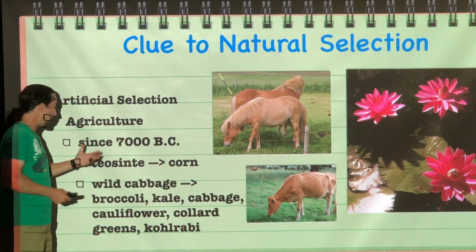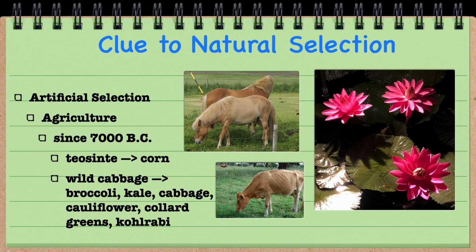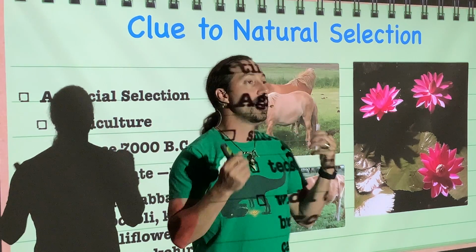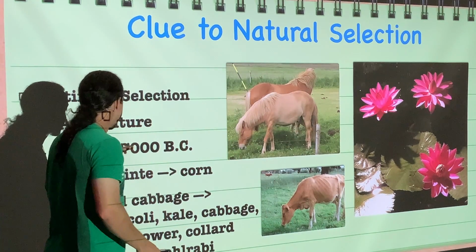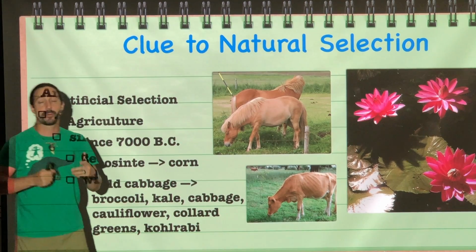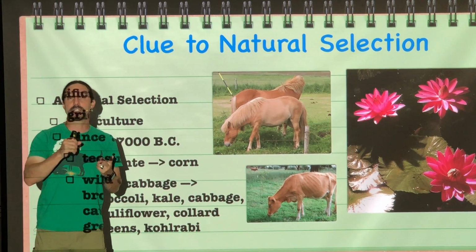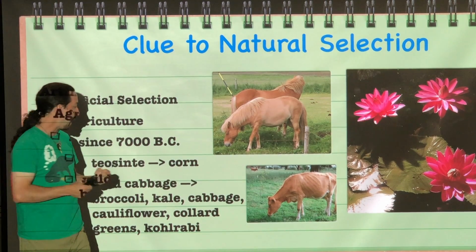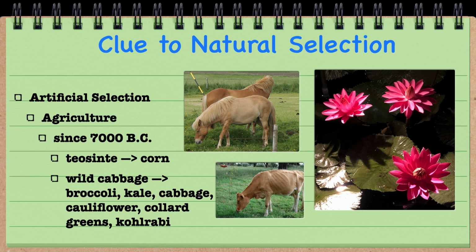We also have this with wild cabbage, which is the foundation of broccoli and Brussels sprouts and cauliflower and kohlrabi and a few other vegetables. That's all from just breeding wild cabbage for specific traits, whether it's for the florets or the leaves or the stem. That is how we have generated these different plants.